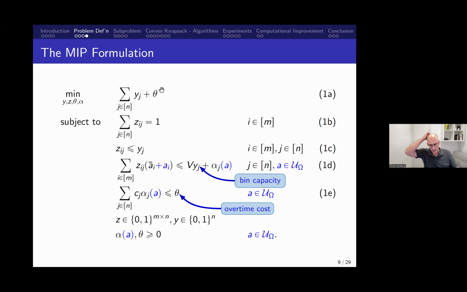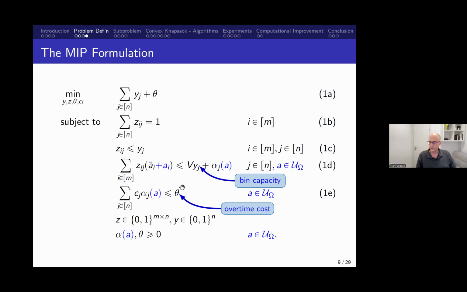And then, okay, in the robust problem, in the bin capacity constraint, we have scenarios A, so we need to satisfy bin capacity, and in different scenarios, we have a different overtime, so that depends on the scenario.